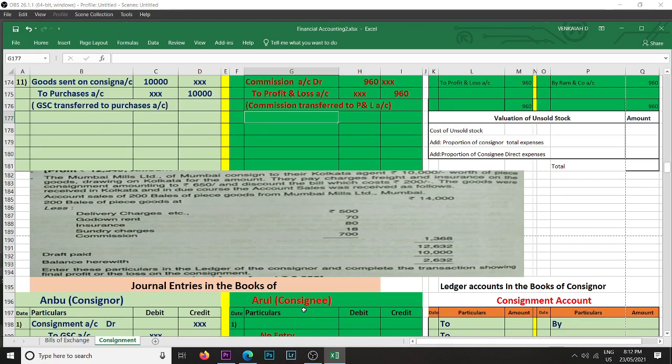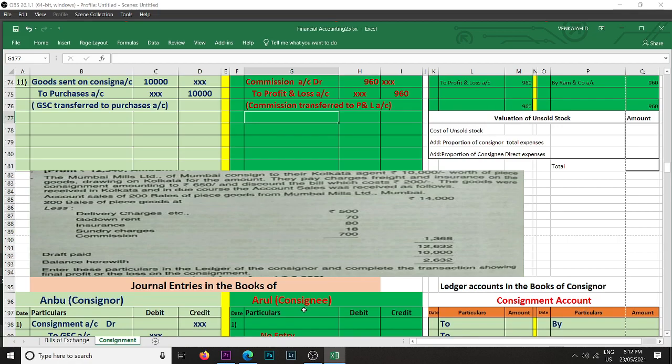So goods sent on consignment is 10,000. Drawing on Kolkata, goods drawing on Kolkata for the amount. So there is an advance draft paid, 10,000 rupees.